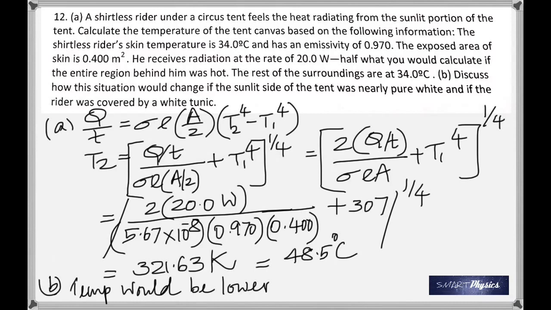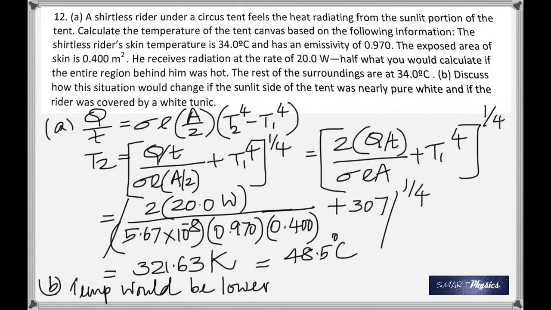The shirtless rider's skin temperature is given as 34 degrees Celsius, emissivity 0.970, the exposed area of the skin 0.4 meter squared. He receives radiation at the rate of 20 watts, half what you would calculate if the entire region behind him was hot. The rest of the surroundings are at 34 degrees Celsius.